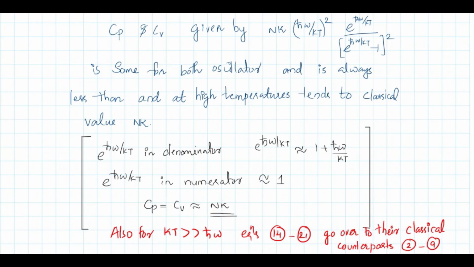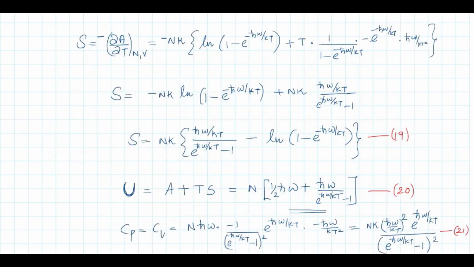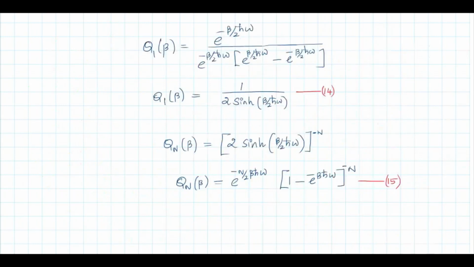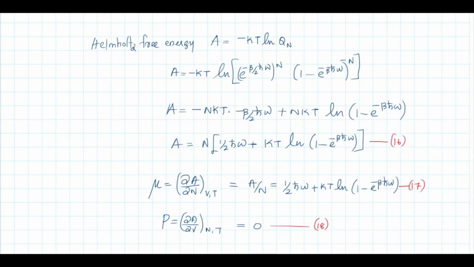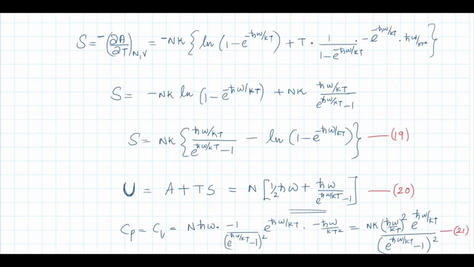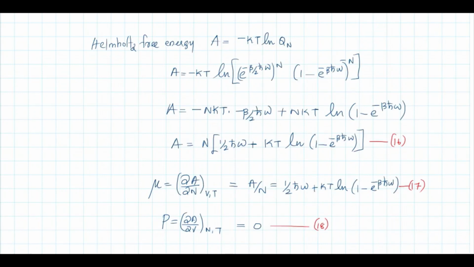Also, for kT very much greater than h cut omega, equations 14 to 21, meaning the equation for the single oscillator partition function, then 15, then Helmholtz free energy, and then chemical potential and pressure, all these expressions up to 21 and the expression for Cp and Cv will reduce to their classical counterparts.